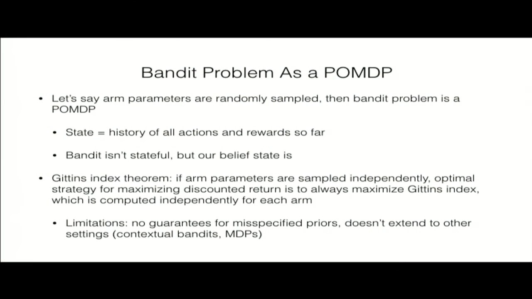Okay, so now I'm just going to talk about some different methods of approaching bandit problems, all of which are going to extend to the more difficult settings like the MDP setting. So one way to view them is to look at the bandit problem as a POMDP. This is one ideal way of solving the problem. Let's say you have a prior on the parameters of the problem.